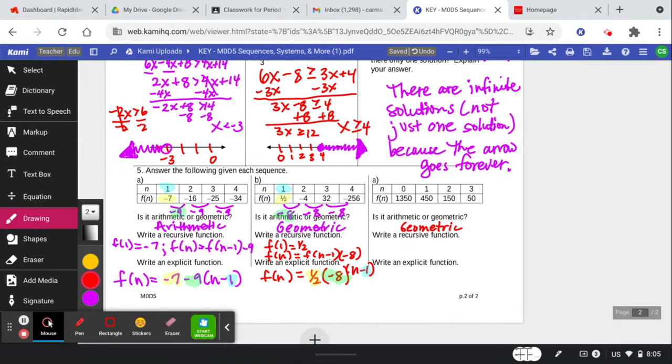So I'm grabbing my calculator to test it out by doing the following. 50 divided by 150 gives me 0.3333 repeating. 150 divided by 450.